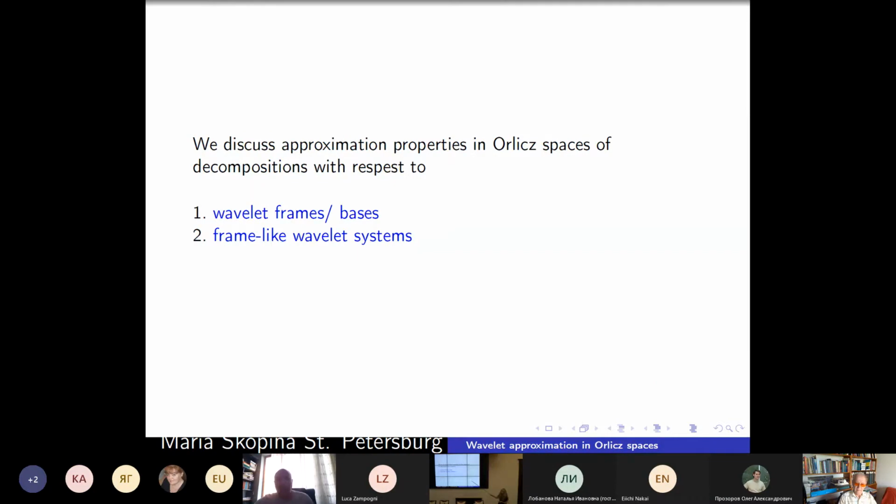What I'm going to present are two topics. First, approximation properties in Orlicz space for wavelet frames or bases, in particular bases, and second, for so-called frame-like wavelet systems.